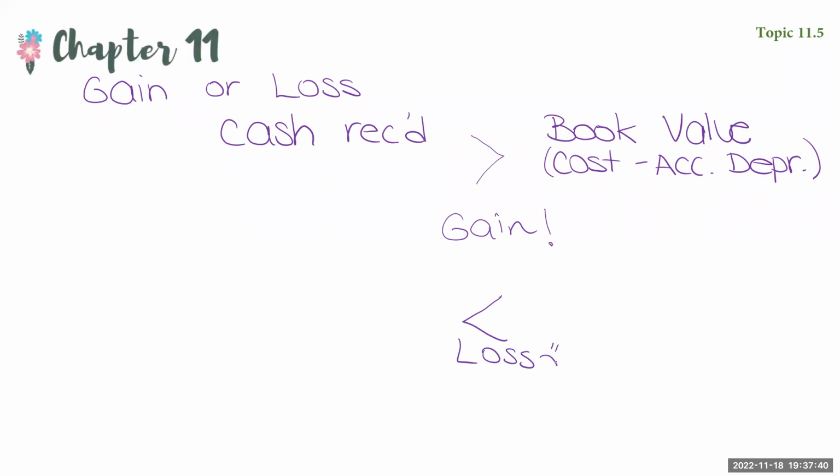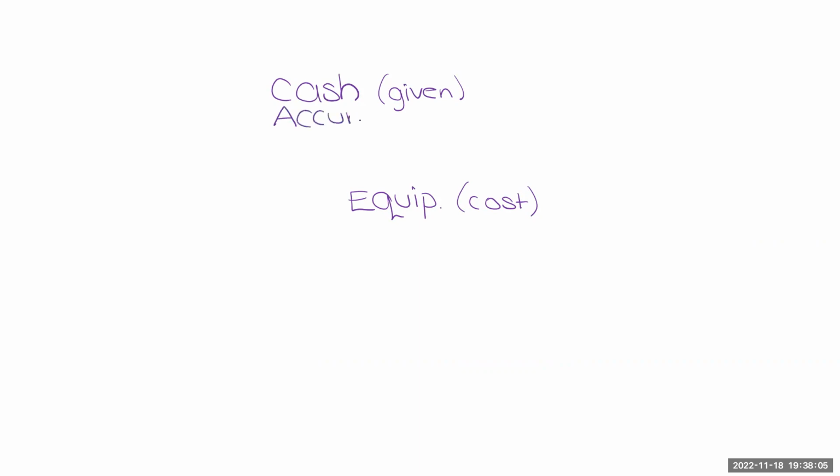All right, let me map out the journal entry for us one more time. We said you're going to debit cash. The nice thing is this amount is given. You're going to credit, in this example, equipment. It could be, of course, building, land improvements, and that has to be credited for the initial cost. The only tough part is accumulated depreciation.